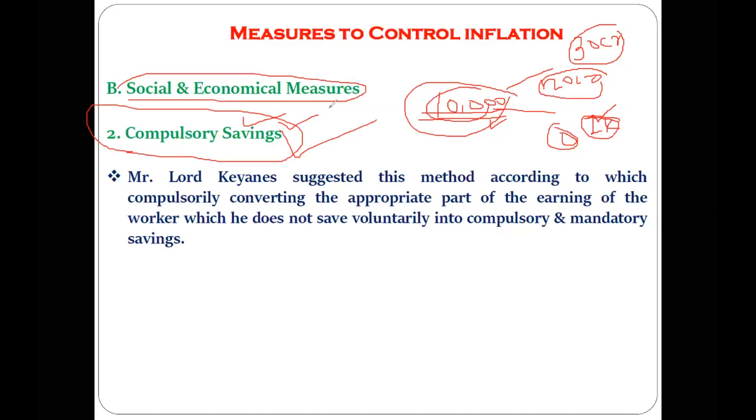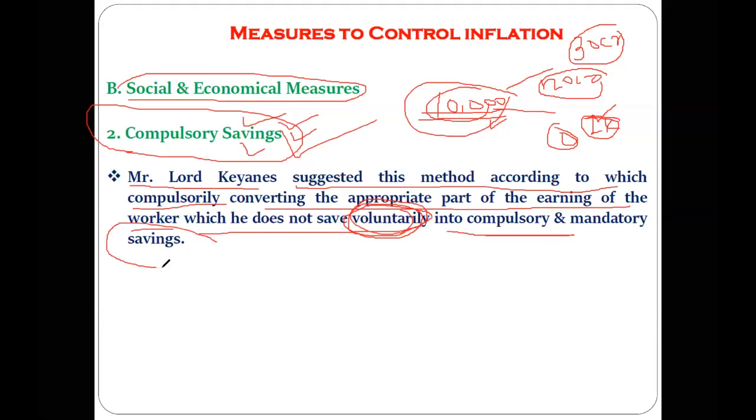एनी हाऊ. अंडरस्टूड? Now this principle or this control measure is invented, or put forward, or discovered by economist Lord Keynes. So Lord Keynes suggested this method according to which compulsorily converting the appropriate part of the earning of the worker, which he does not save voluntarily. म्हणजे काय? सो इच्छेने. जर ते सो इच्छेने सेव्हिंग करत नसतील तर त्यांना काय करणे? कंपल्सरी करणे, मॅन्डेटरी करणे. कशासाठी? सेव्हिंग करण्यासाठी.